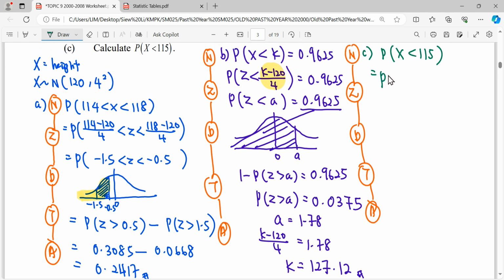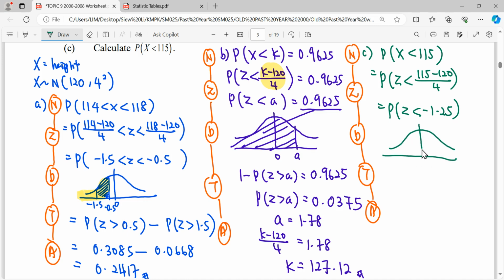To change to z, the value needs to minus mean over standard deviation. So this value needs to be simplified to 2 decimal places. Then when we draw, we know that negative will be left hand side. Less than that, shade to the left.